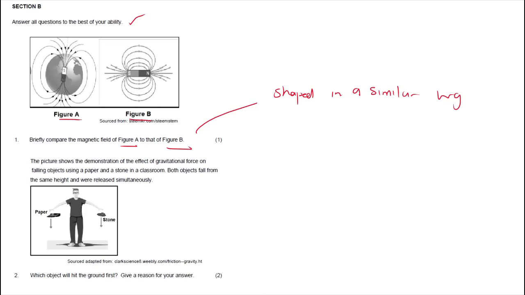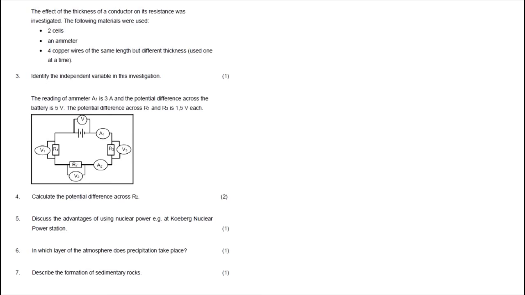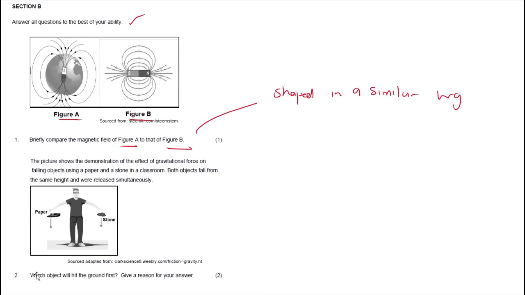And then next, we will move to question 2. So here we are told that the picture shows the demonstration of the effect of gravitational force on falling objects using a paper and a stone in a classroom. We are told that both objects fall from the same height and were released simultaneously. The question is, which object will hit the ground first?